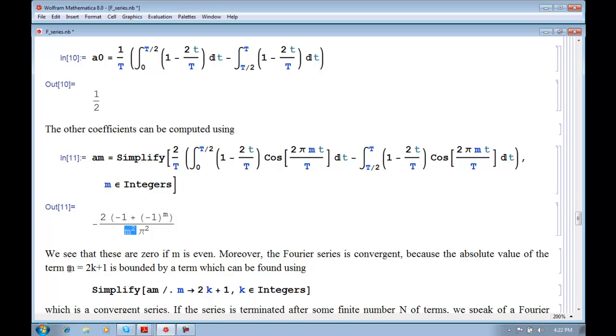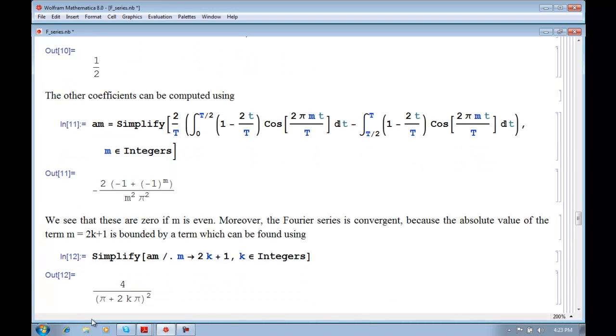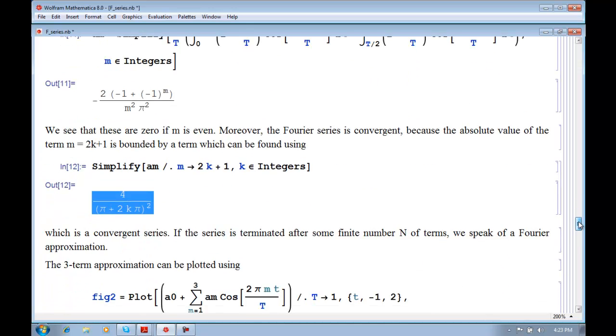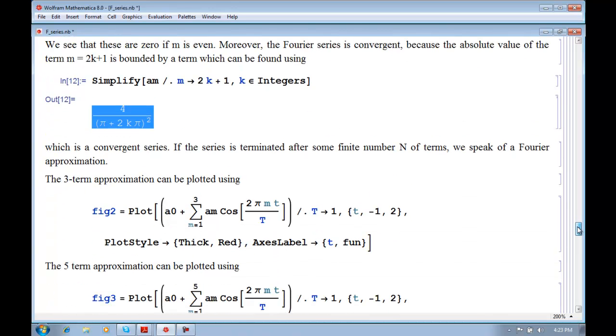If we now take m equals 2k plus 1, which for k an integer will always be odd, then this is what we get. So the odd coefficients look something like this, and the series will be convergent.